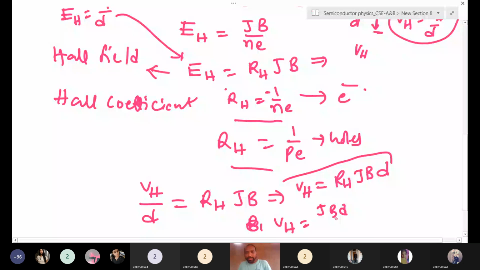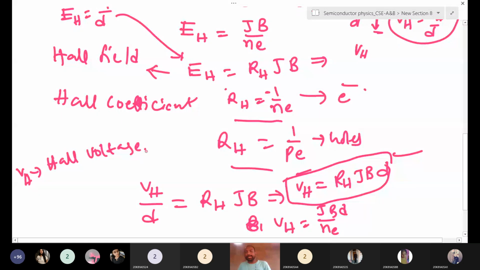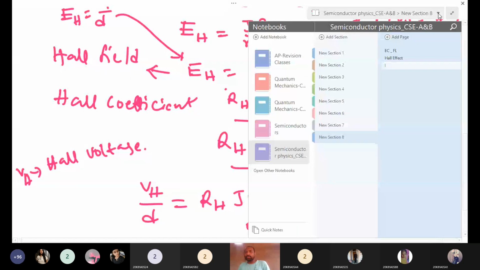Please listen carefully. Due to the electrostatic force, we have Q into E. And because of the magnetic field there is a Lorentz force, FL, which is Q into V cross B. Here you expand the cross product. Here you write VD, the drift velocity, since electrons get some velocity due to the electric field, B into sine theta.